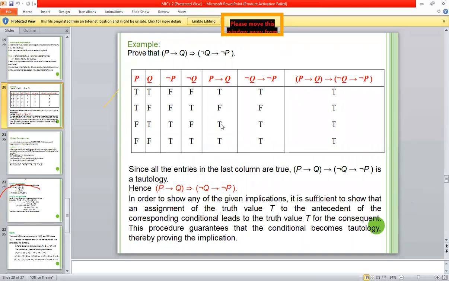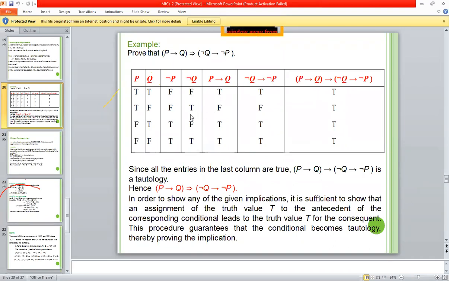In remaining cases, it is true. RHS of the given formula, negation Q implication negation P.